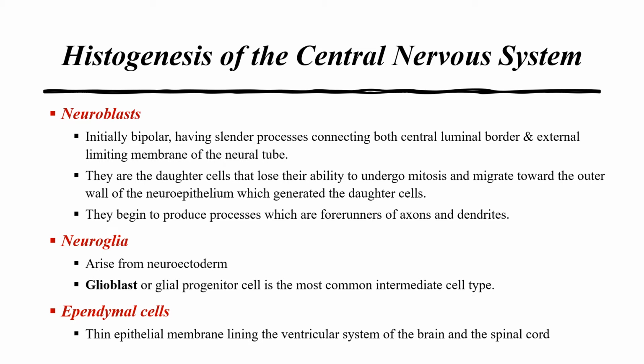Ang alam natin sa stem cells, when we have stem cells, they can be transformed into different types of cell depending on which part of the body it is being needed. Okay, or it is being positioned. Okay? And then next we have the ependymal cells. This is thin epithelial membrane lining the ventricular system of the brain and the spinal cord.